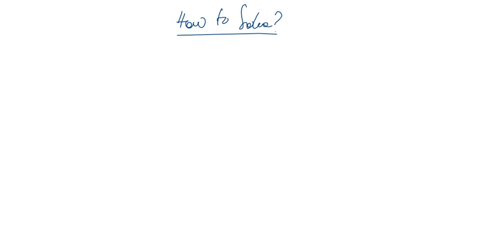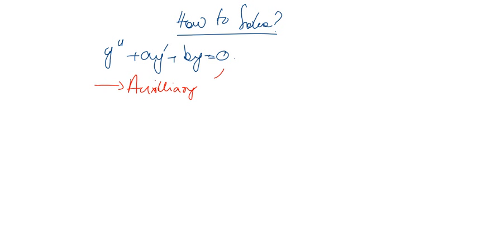solve. So if the equation is y double dash plus a y dash plus b y is equal to 0, we first form something called an auxiliary equation.